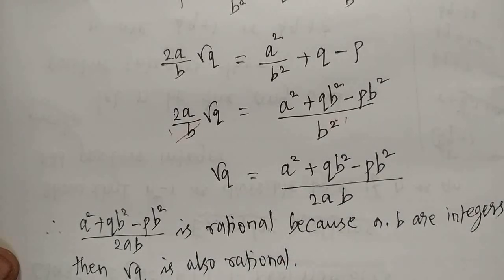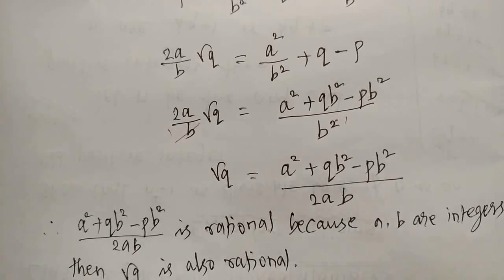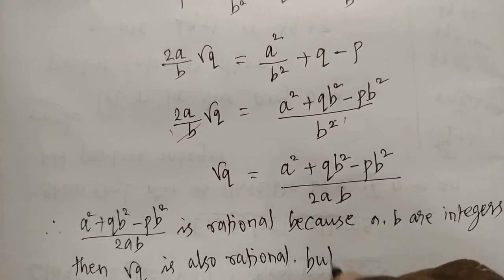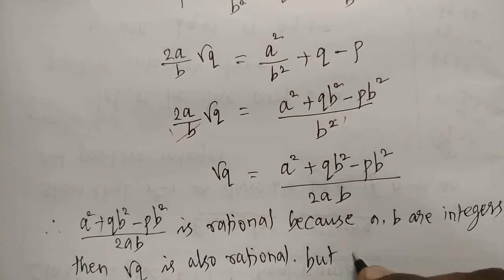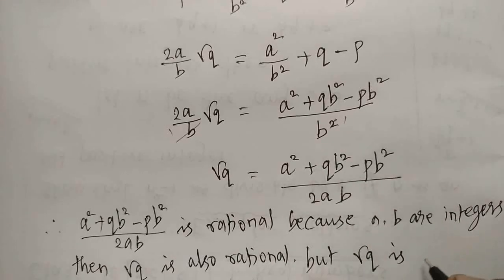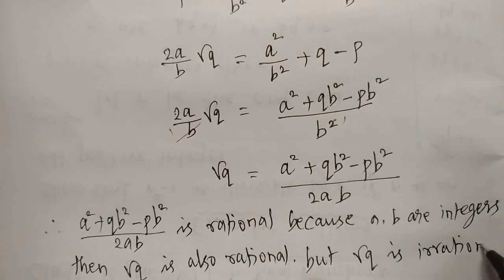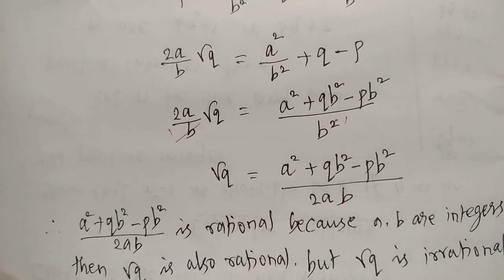But this contradicts what was given, because they said clearly that P and Q are prime numbers, and the square root of any prime number we know is irrational. So root Q is irrational, and our assumption is wrong.